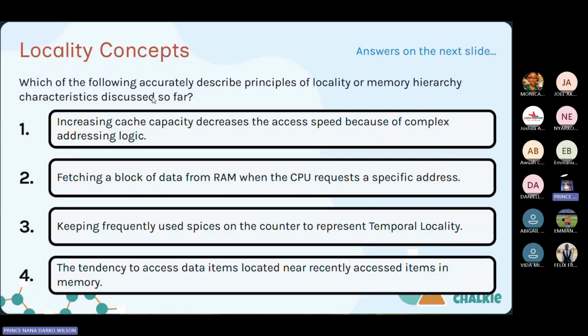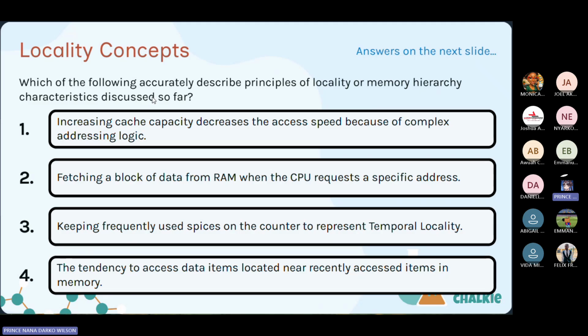There are four options here. Which of them is true or properly talks about locality that we've discussed so far? One, increasing cache capacity increases access speed because of complex addressing logic. Two, fetching a block of data from RAM when the central processing unit requests a specific address.